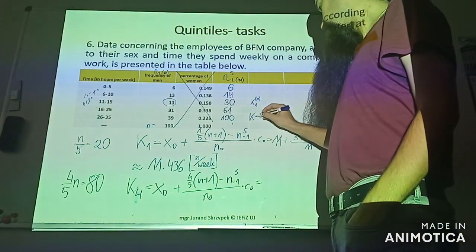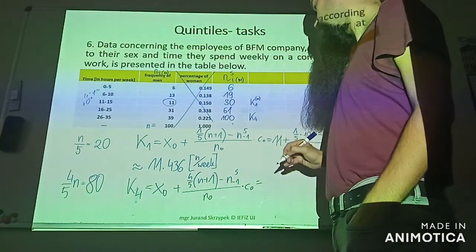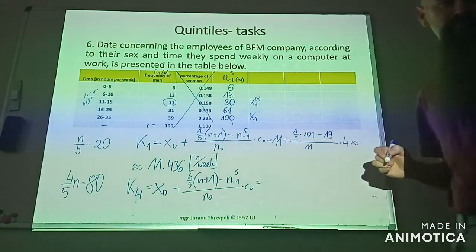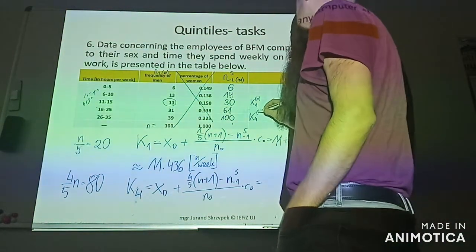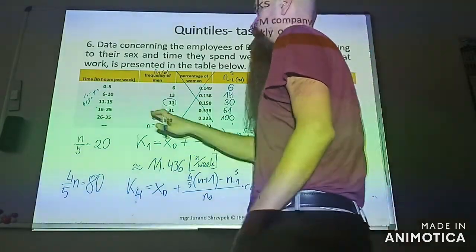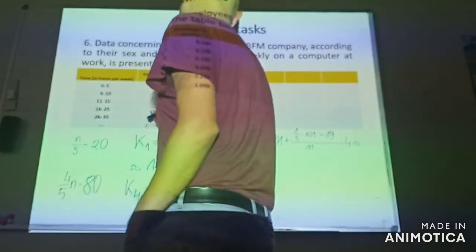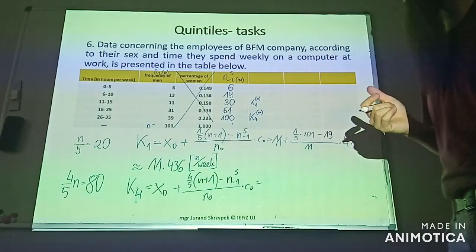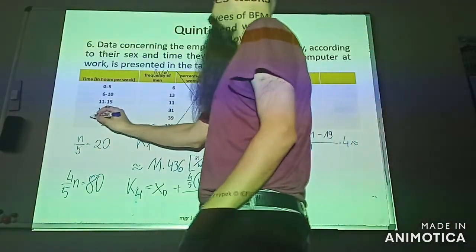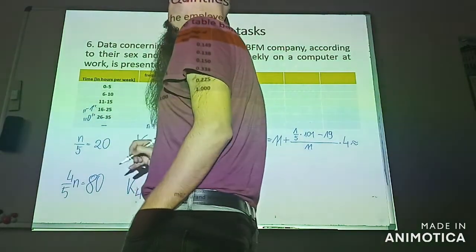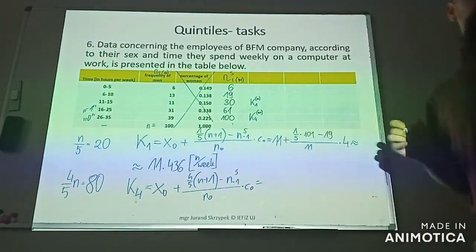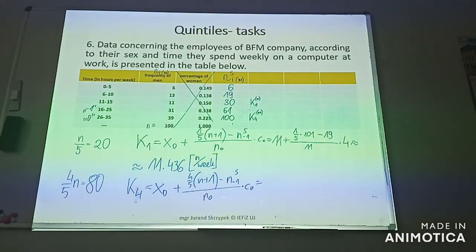This situation we meet in the last class. So the last class is the class of the fourth quintile. This is our 0 level, this is our -1 level, and we are able to make an appropriate computation.